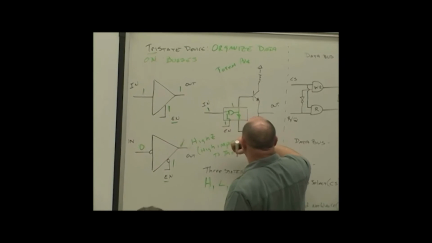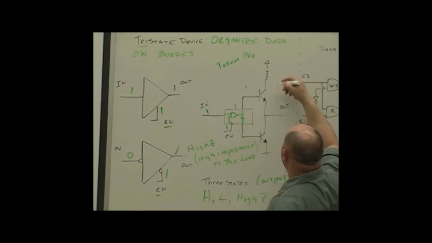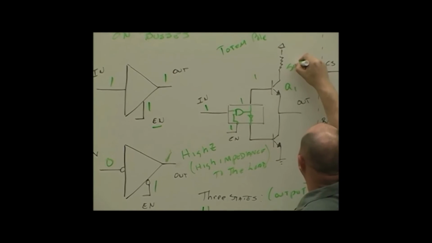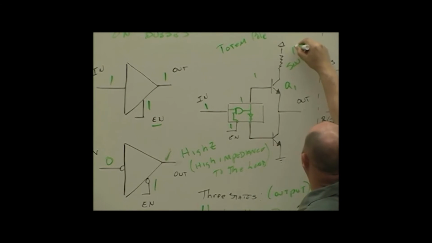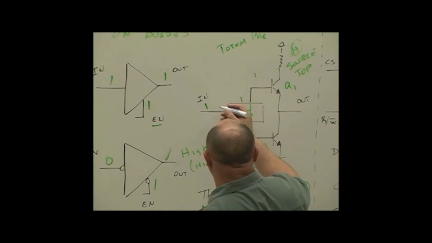High or logic 1. So that goes here. This one will conduct and act as a current what? Source. Current source. So, hey, it's considered high. You can also refer to this as the what transistor? The top transistor.